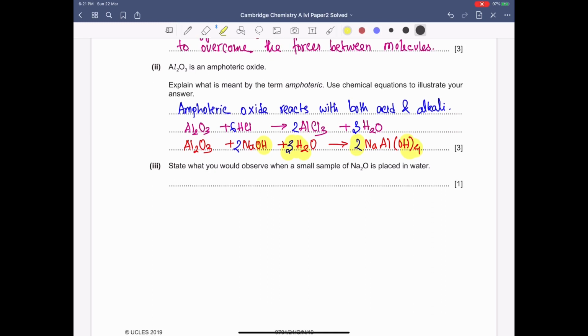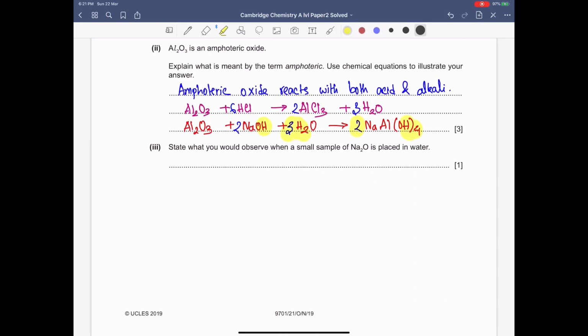State what you would observe when a small sample of Na2O is placed in water. So the solid will dissolve obviously because Na2O will react with water to produce NaOH. To balance this equation up, we'll require a 2 over here.